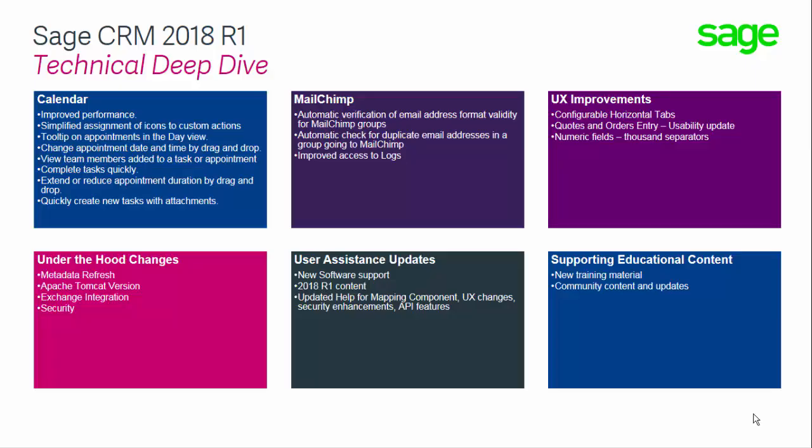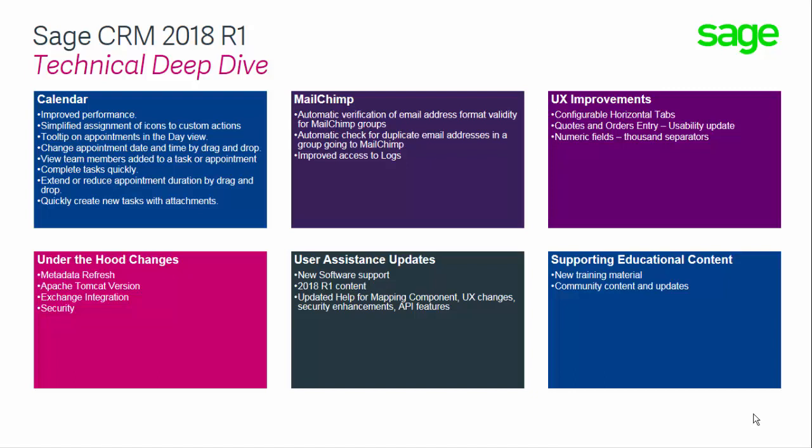So let's have a look at some of the changes to the product. There have been calendar improvements, some enhancements around the MailChimp integration. The menu and interface has offered some new features. Quotes and orders usability have been improved. We've seen optimization of metadata in this release.